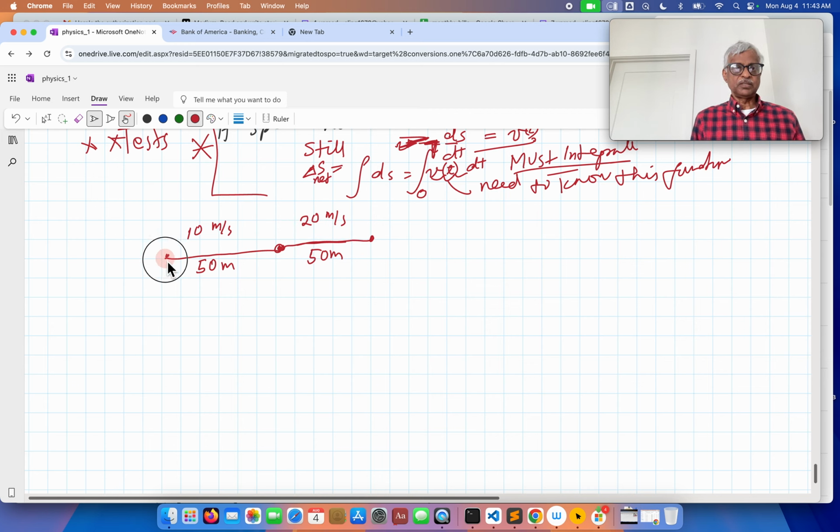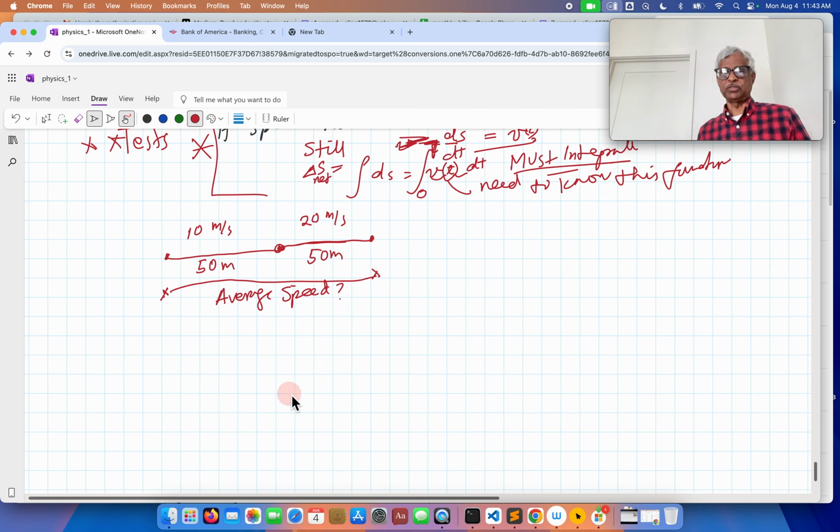So in each one of them you had a constant speed. Then say, okay, from here to here, what's your average speed? This is an often asked kind of question. Okay, so how do you do it?